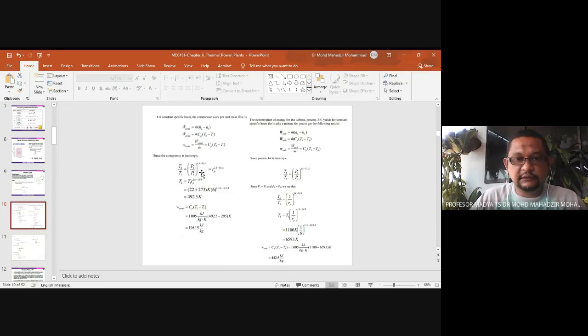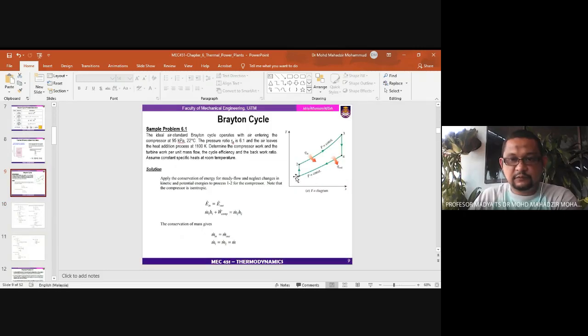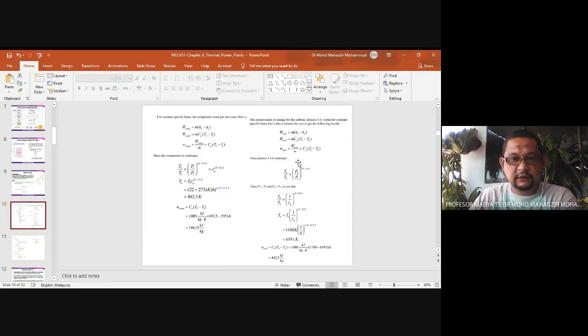To find temperature 2, this is the first process, 1 and 2. Process 1-2 is isentropic because we assume the compressor and also the turbine are isentropic. So you can use the isentropic relationship equations. Using these equations, you will get T2. Put T2 in the compressor work equation, then you get the compressor work in joule per kilogram, small w.